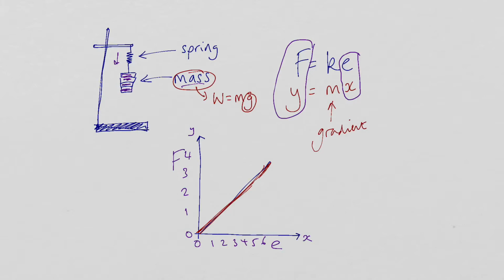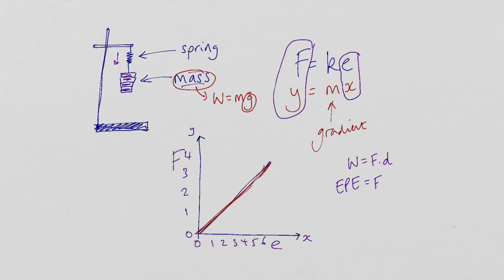Well, if we want to work out the work done, from before, we said work done equals force times distance. But let's reword that. Work done is energy, so let's call it elastic potential energy instead. Energy stored in a spring. We've applied a force, measured in newtons, so that's the same as that one.